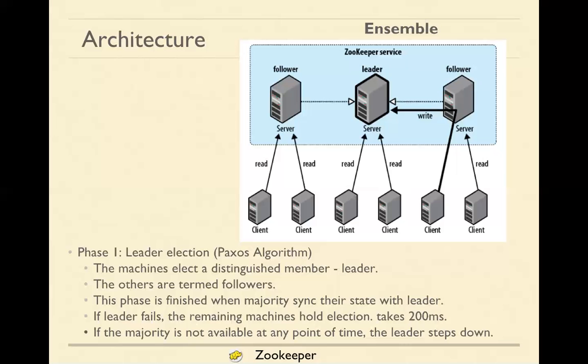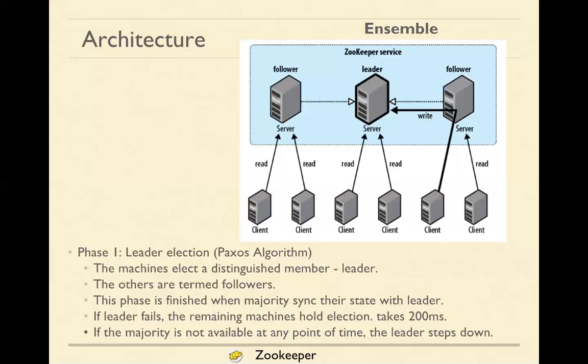Within 200 milliseconds, the re-election starts and the process moves. Okay, so the majority: at any point of time, if there is no majority, meaning if you have 10 nodes in a cluster and five or more nodes are down, meaning five or fewer nodes are available out of 10.